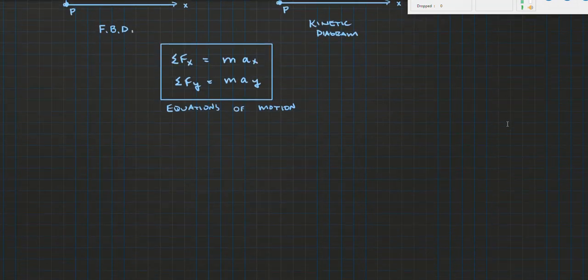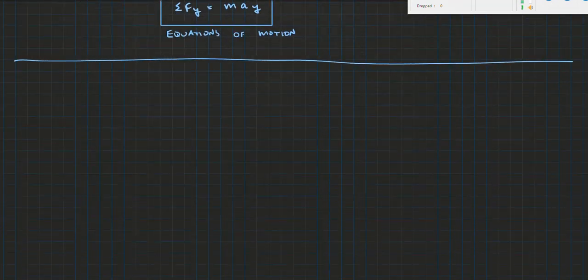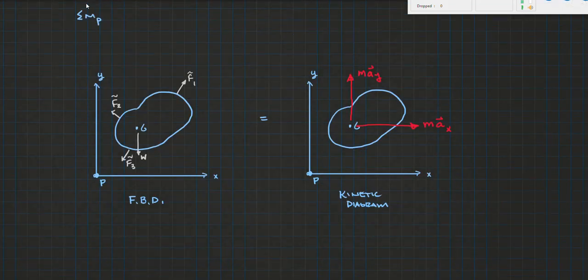Now, for rotation, let's sum moments about P, because we could have applied moments, as was shown before.